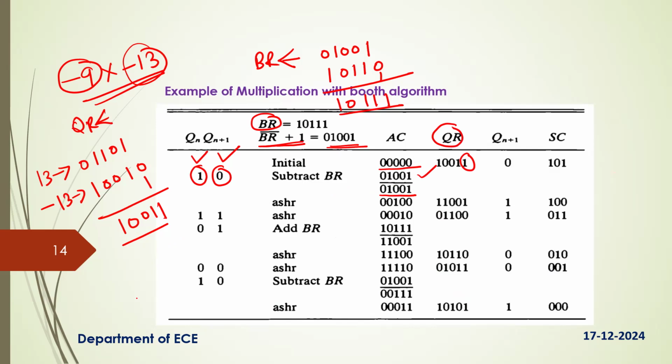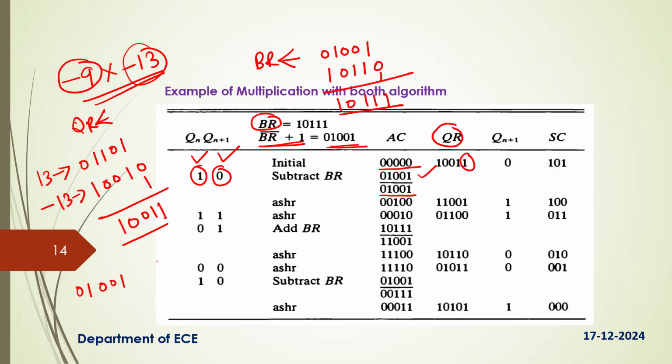Now, immediately the next step is arithmetic shift right of AC and QR, including Qn plus 1. Arithmetic shift right of AC and QR including Qn plus 1 means take the content of AC. What is AC? 0, 1, 0, 0, 1.